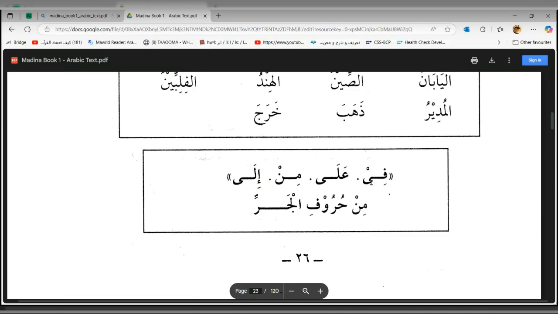Here, 4 of them are given: fi, ala, min, ila. These 4 are among the huruf al-jar. Min itself is a harf al-jar, so it forces huruf to take kasra. You see that? Yes. And al-jarri here takes kasra because it's a mudaf ilay. So huruf is mudaf, and al-jar is mudaf ilayhi.